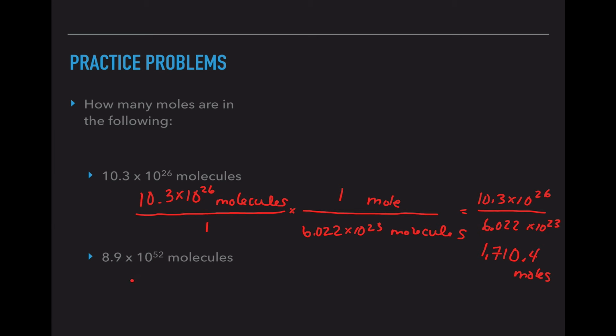So we're going to do a similar problem again. 8.9 times 10 to the 52 molecules, and we're converting to moles. The number that I give you always goes over 1. In our new fraction bar, we have to set up molecules versus moles. So since we have molecules on the top and we want them to go away, we're going to put the 6.022 times 10 to the 23 molecules on the bottom.